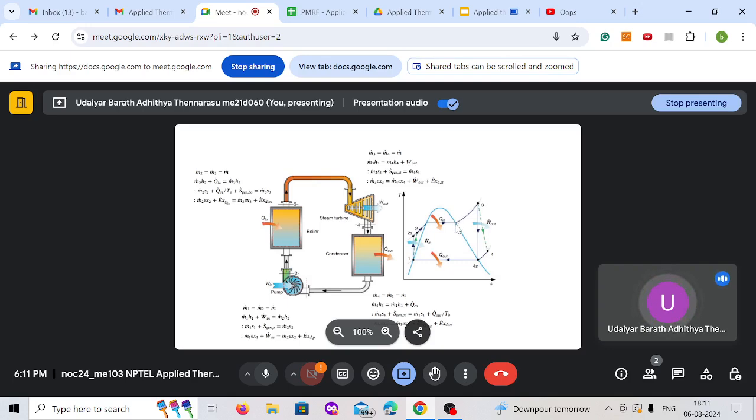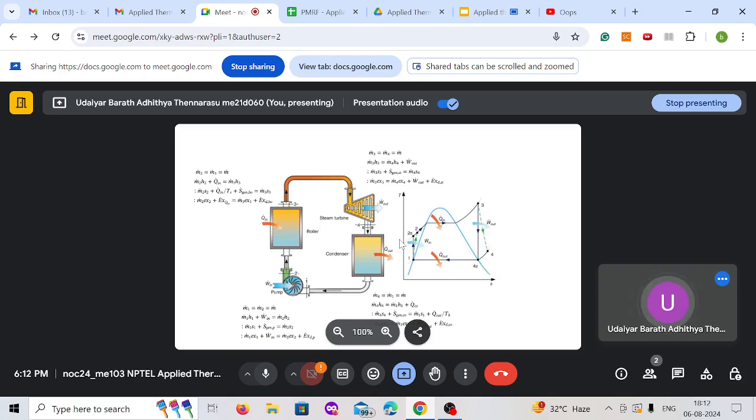You can also avoid that superheating and expand from saturated vapor, but then you'll have a two-phase mixture at the exit of the turbine. So to avoid that, you superheat it to state 3 and then expand such that you reach a saturated vapor at the exit of the turbine.